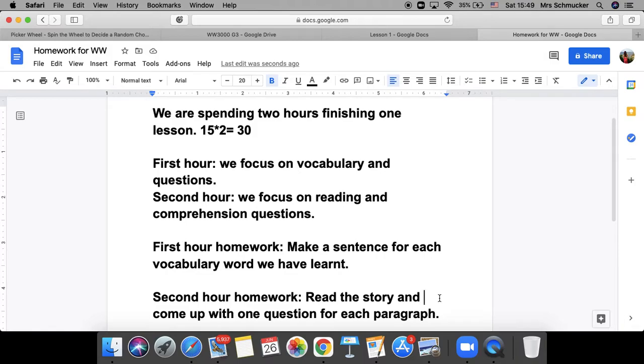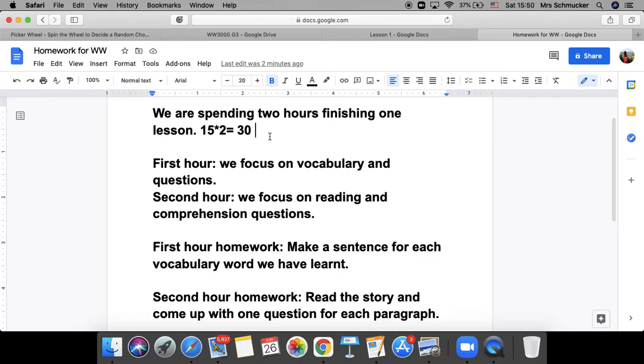So they have to read the story and think of their own questions for each paragraph. And then they're going to write down that question for each paragraph and send it to you for grading. Okay, so that's the basic homework and the timeline for finishing this book.